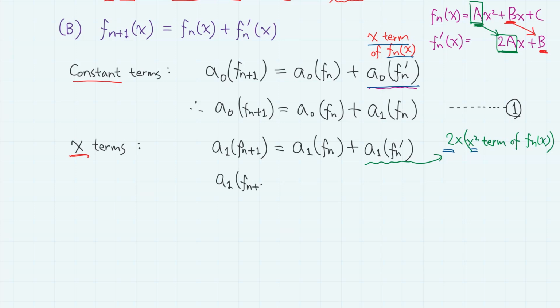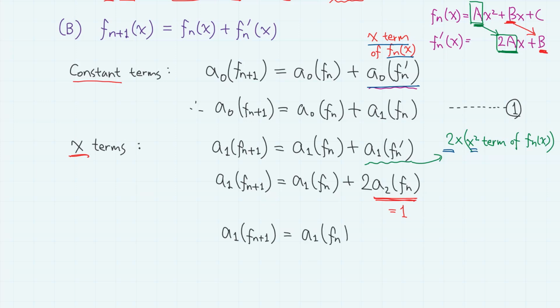So we have this plus 2 a_2 of f_n. And since the coefficient of x squared is always 1 for all f_n(x), we have a_1 of f_{n+1} equals a_1 of f_n plus 2.